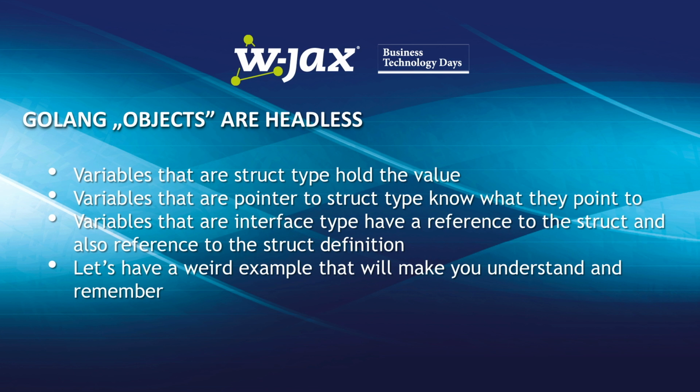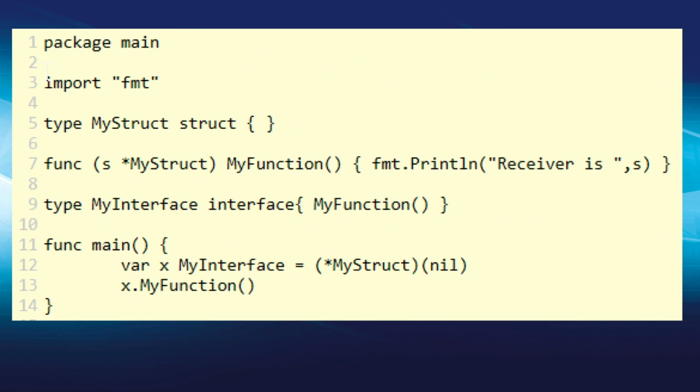And to carve it into your brain, or burn it into your brain, as Java programmers, I have a very weird example. I will invoke a Go function on a null pointer. And it works. In this example, I have a structure which is empty. I have an interface, and every structure that has the my function implements implicitly this interface.